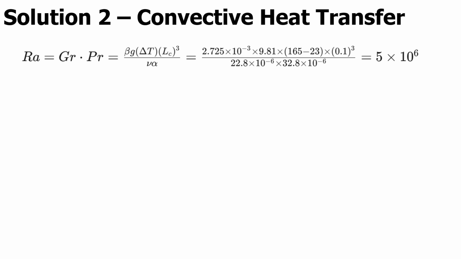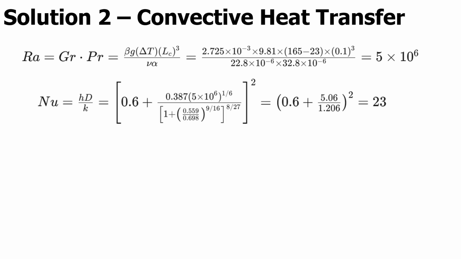Now with the Rayleigh number calculated, we can determine the Nusselt number, Nu, using the provided correlation. The Nusselt number is also defined as Hd over K, where H is the convective heat transfer coefficient. Plugging in the values, we get the Nusselt number to be approximately 23.